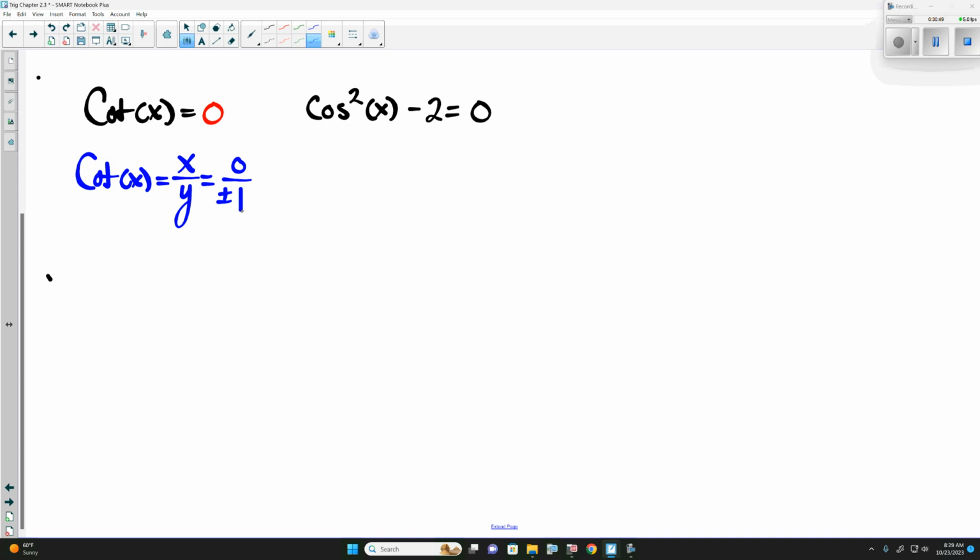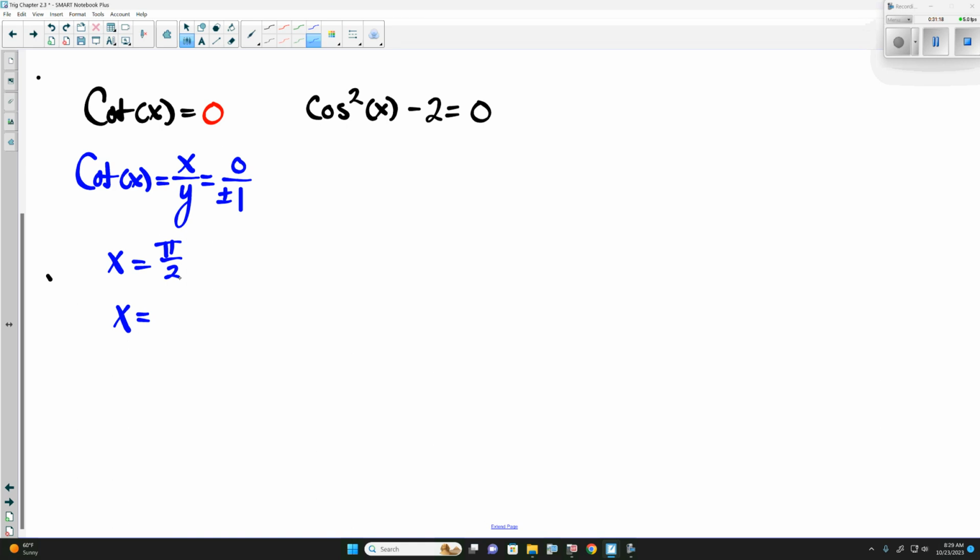And we can look at the unit circle because it is given to us in points, x and y. Well, the x value is 0 at pi over 2. And the y value is positive 1. So going straight up 90 degrees, we would have cotangent of x being 0.